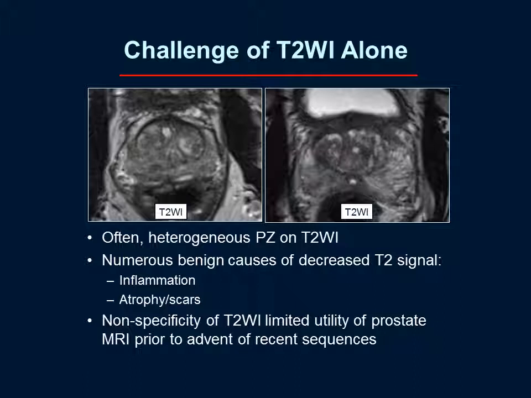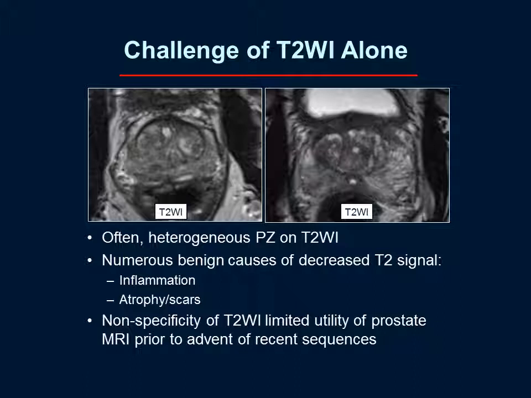Moving along, and now discussing individual sequences that make up a prostate MR protocol. T2 weighted imaging has really been the mainstay of prostate protocols since the early descriptions of this exam. Prostate MR exams typically include T2 weighted imaging in axial as well as at least one additional plane.